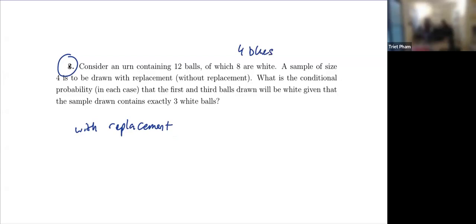And then you draw 4 balls from this urn, with replacement. Then what's the conditional probability that the first and third balls drawn will be white, given that you have exactly 3 white balls in the sample?